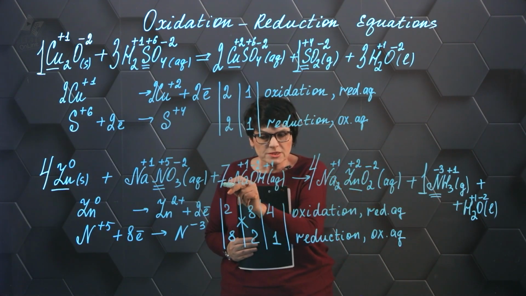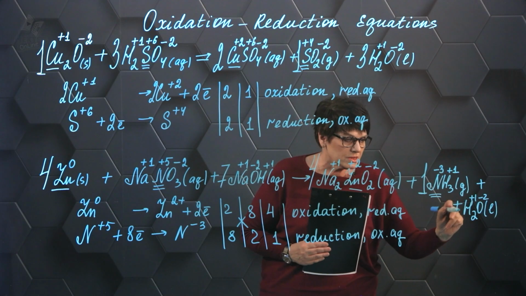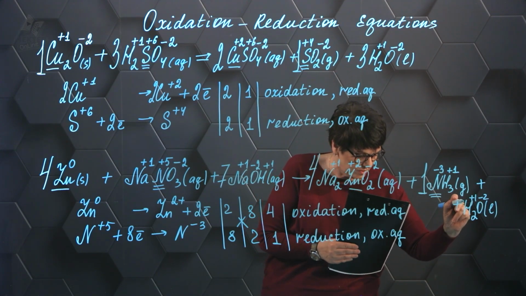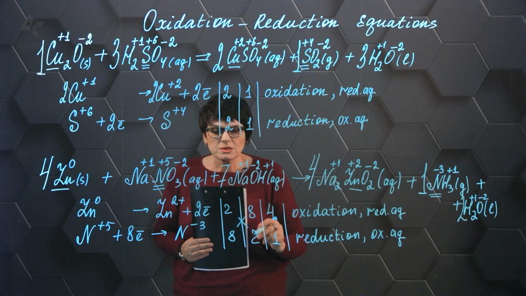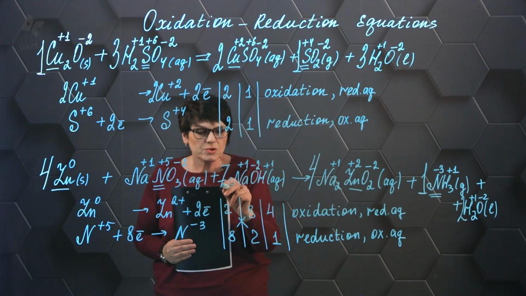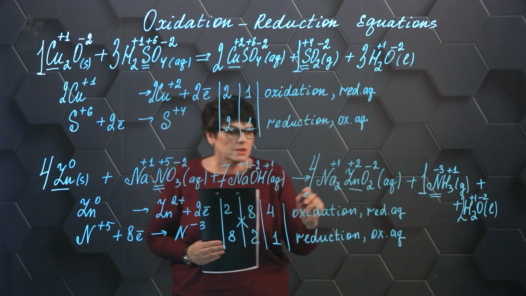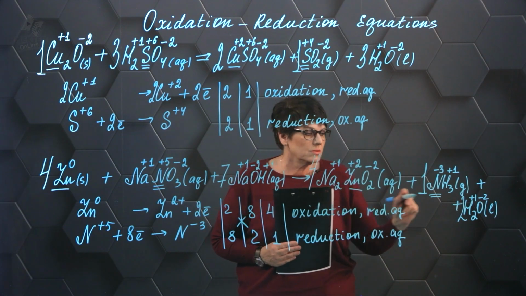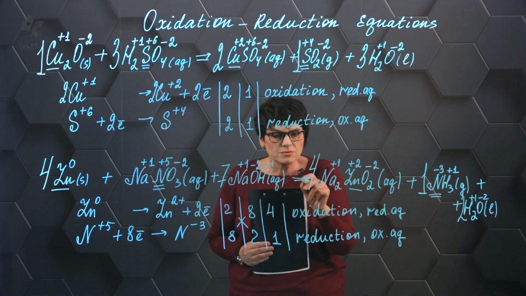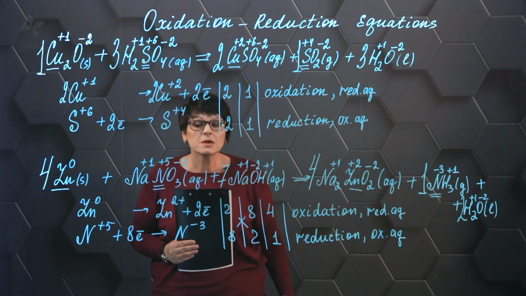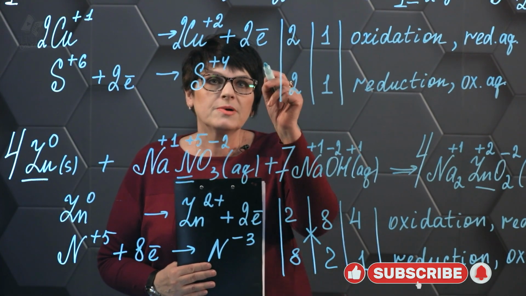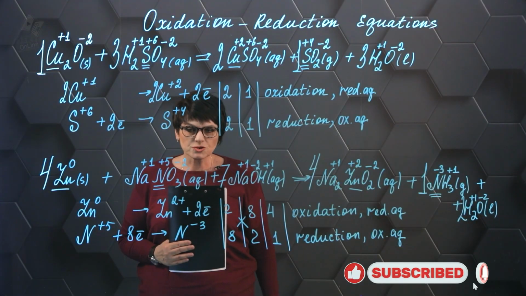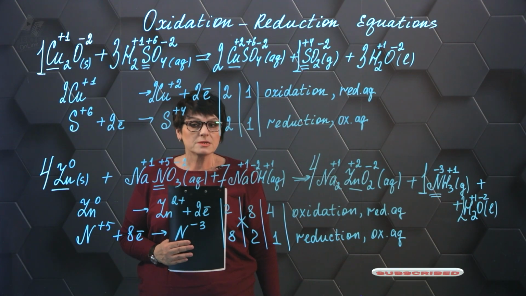To equalize the 7 and missing here, put in front of the water formula a factor of 2. To ensure oxygen balance, we perform an evaluation. The sum of 3 and 7 equals 10, while 8 plus 2 also equals 10. All equations are equalized. Today we explored the electron balance method and analyzed 2 examples. Hoping for comprehension, we bid farewell.